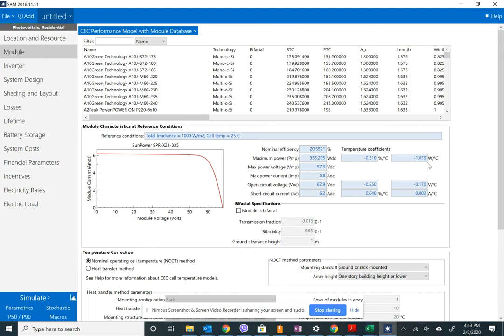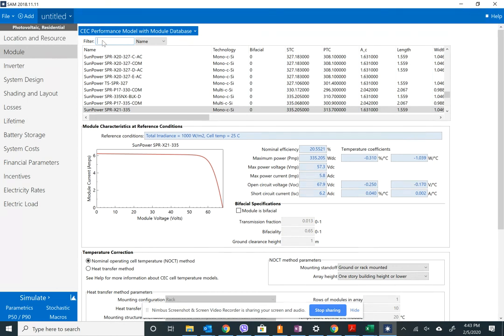Okay, so for us, I'm going to use the Sunny Boy 3.8. Sunny Boy is the inverter. So we need to put in our panel.